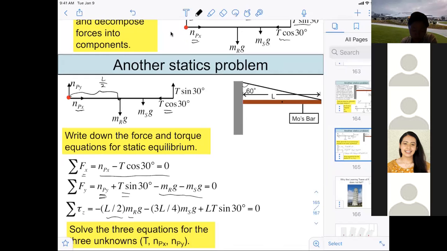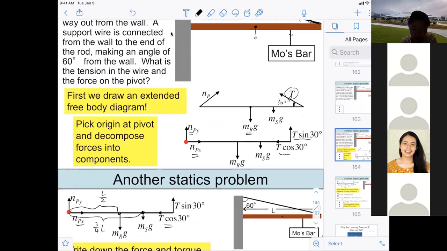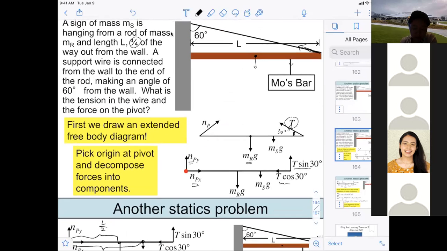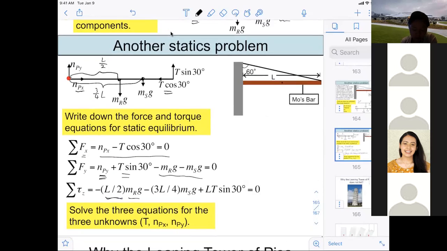Okay, so you have force times L/2, it's negative. And again, here, the distance for my sign is 3/4 L because the sign is put at 3/4 of the way out from the wall. So that's 3/4 times L times gravity.